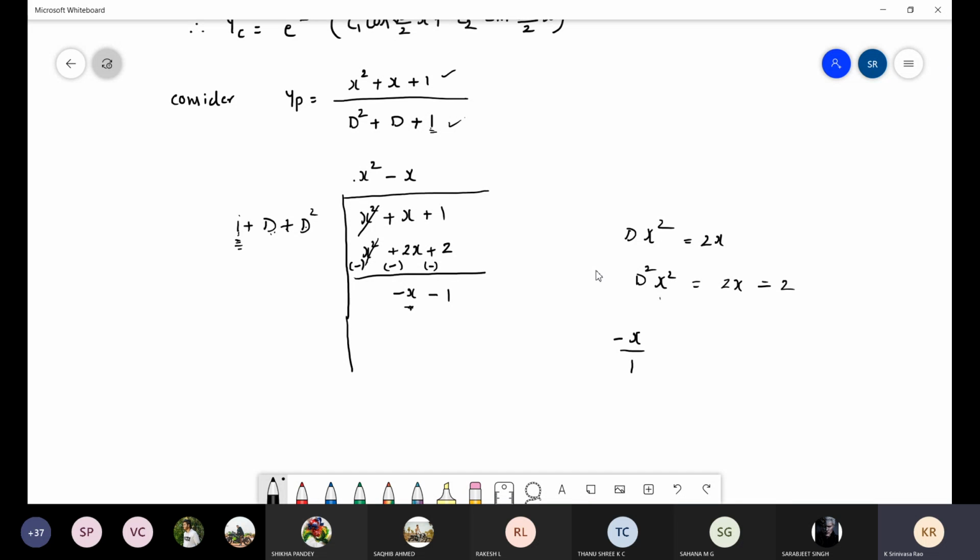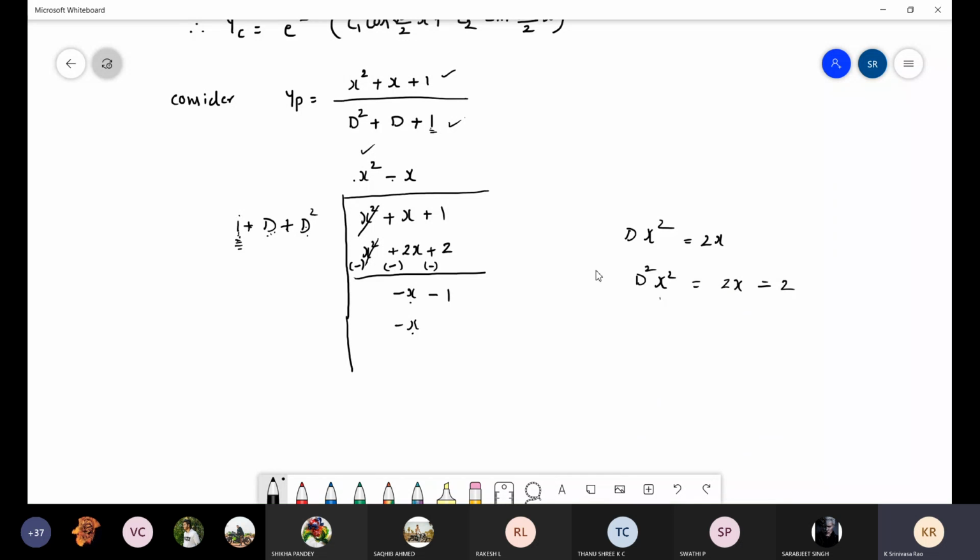First term only. Now multiply all three terms with minus x. x square is over now. What is 1 into minus x? Minus x. So I should get the same term here; whatever the first term, I should get the same.